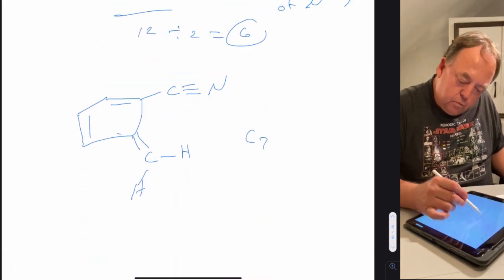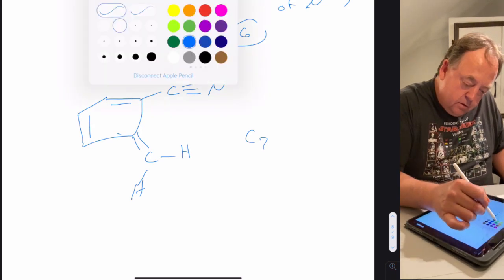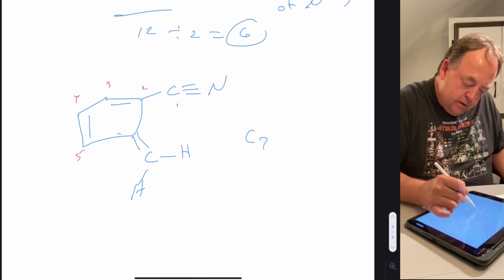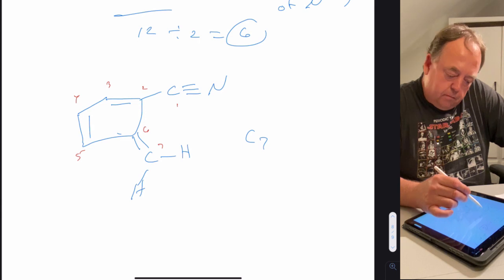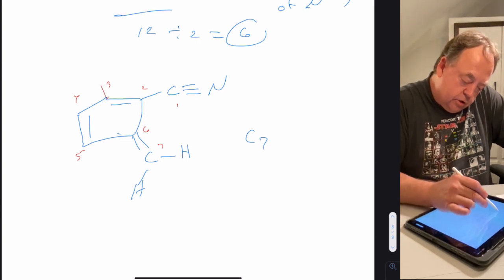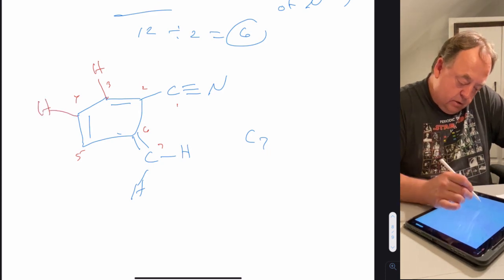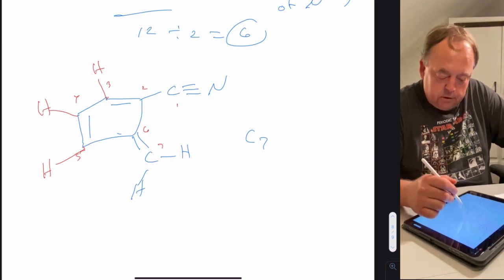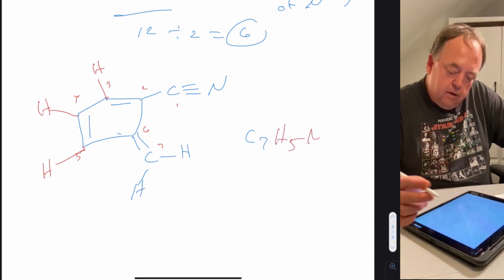This carbon triple bonded nitrogen doesn't need any. Let me just number these carbons: 1, 2, 3, 4, 5, 6, 7. Carbon 1 doesn't need any hydrogens. It's got 4 bonds. Carbon 2 has 4 bonds. Carbon 3 has 3 bonds showing, so it needs 1 hydrogen. Carbon 4 needs 1 hydrogen. Carbon 5 needs 1 hydrogen. 6 has 4 bonds. 7 has 2 hydrogens. So that's 1, 2, 3, 4, 5 hydrogens and a nitrogen.